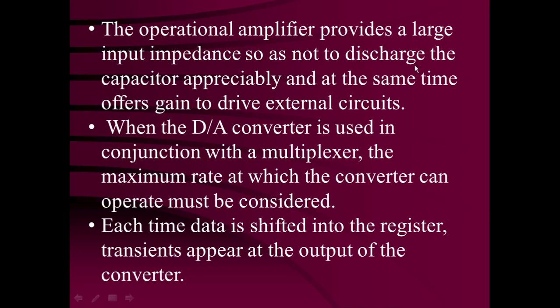The operational amplifier provides a large input impedance so as not to discharge the capacitor appreciably, and at the same time offers gain to drive external circuits. When the D to A converter is in use in conjunction with the multiplexer, the maximum rate at which the converter can operate must be considered. This is also important.